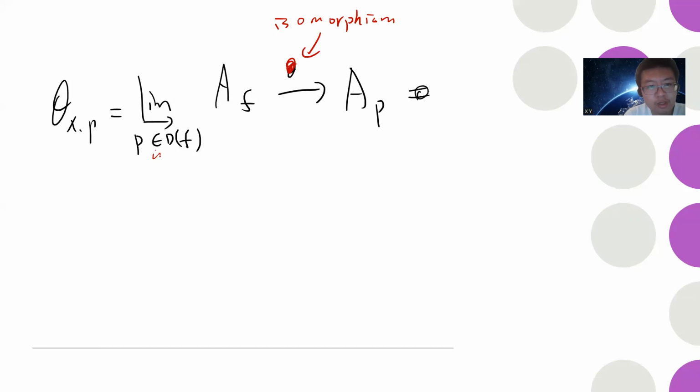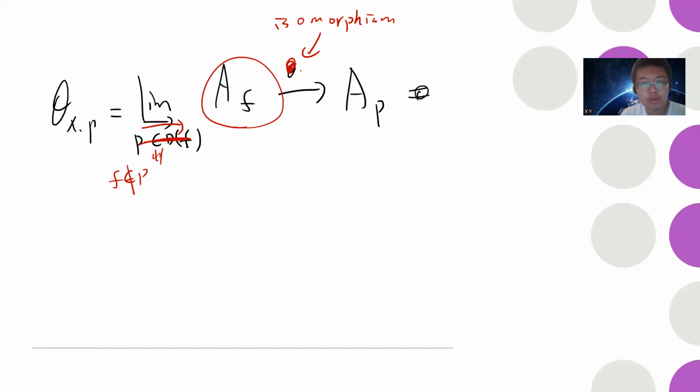P belongs to D(f) is the same as f does not belong to P. So I take all the f that do not belong to P, and I take these sheaf ring localizations, and using the colimit definition, I define, and then I have the natural ring homomorphism to A_P. The definition is very simple.